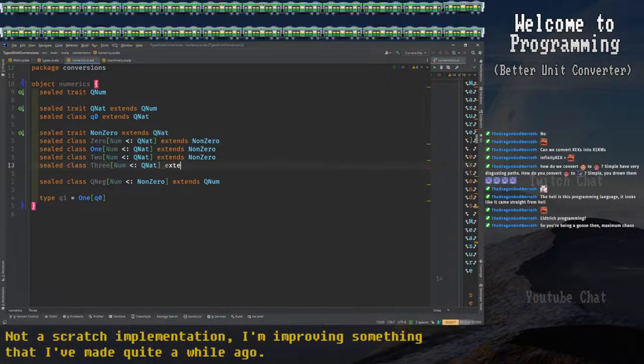Oh, and I also forgot. Now we need to make a bunch of these. Well, this is great. Give me a minute. Do we want to be able to do this?